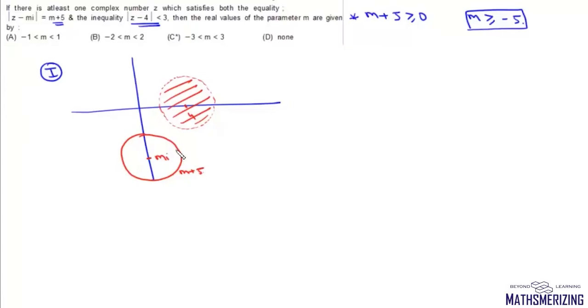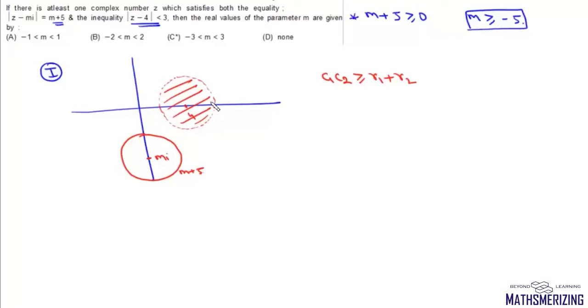Now there will be no solution when C1C2 is greater than or equal to R1 plus R2. And I'm taking this equality sign here because points on this other circle are not included.